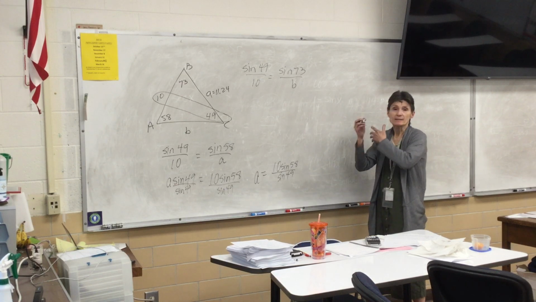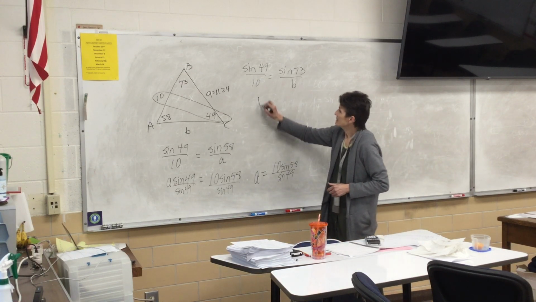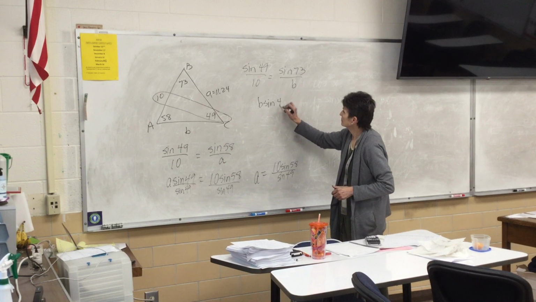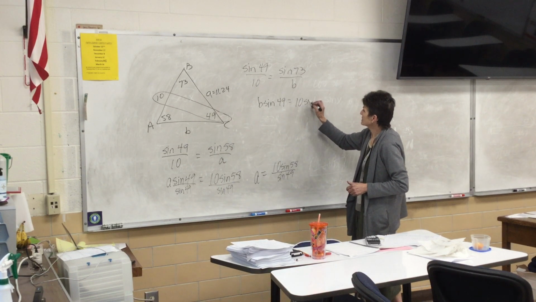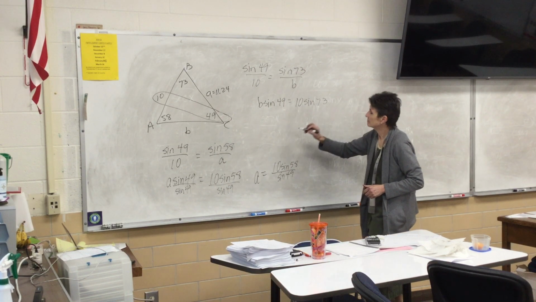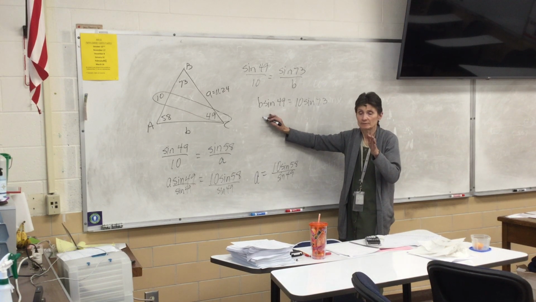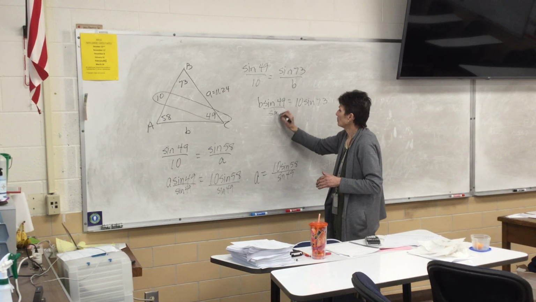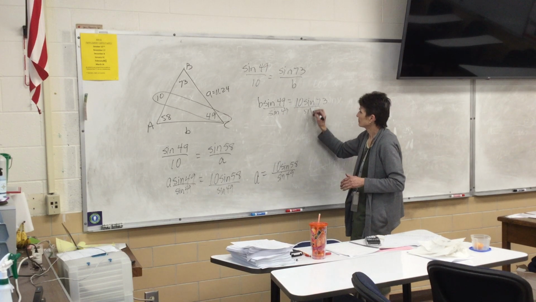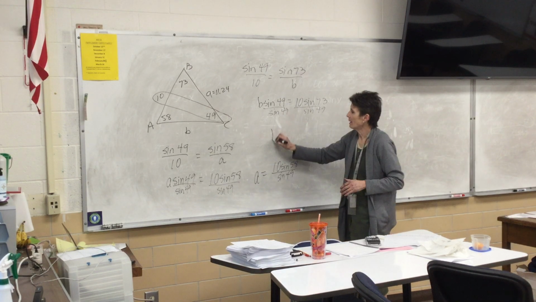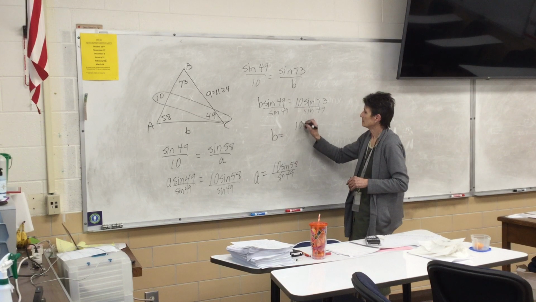Now repeat. B sine 49 equals 10 sine 73. Again, we're solving for B. So divide by sine 49. You always want your variable by itself. Now it is.